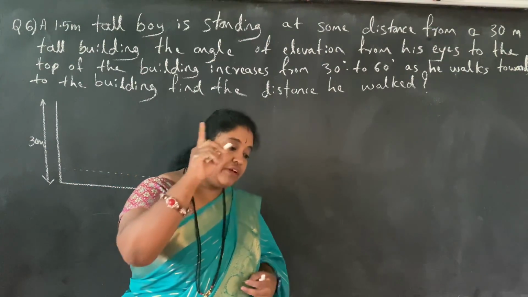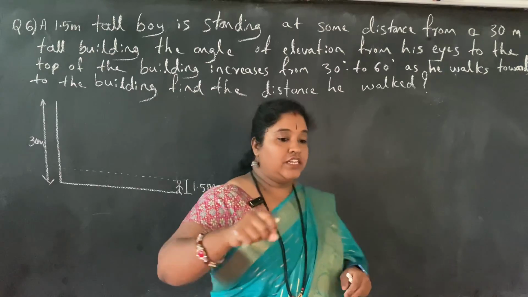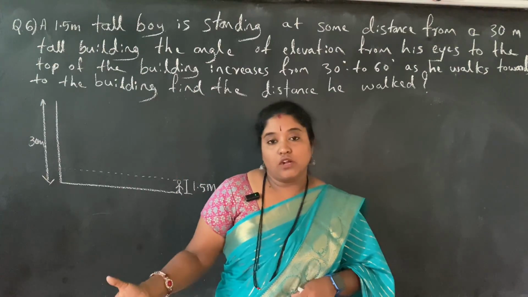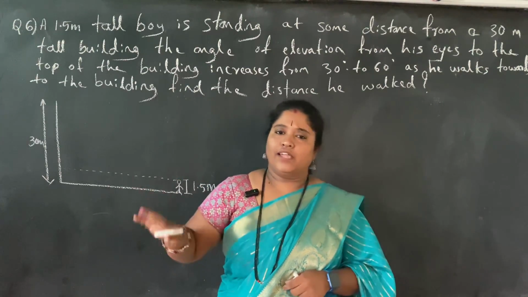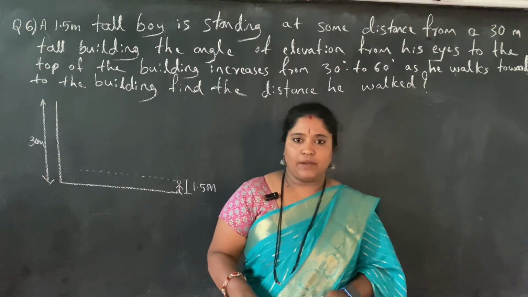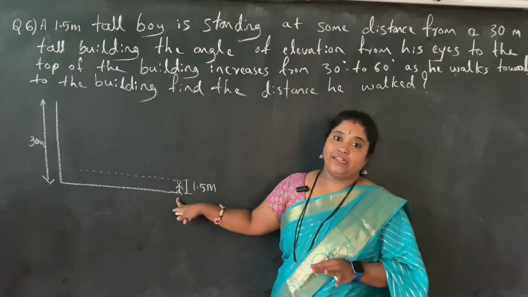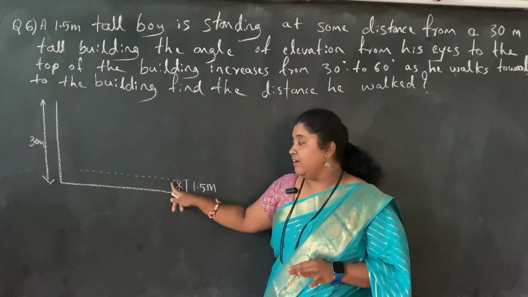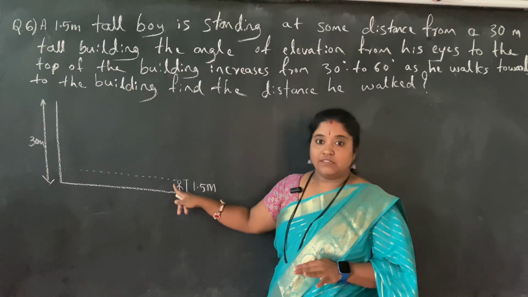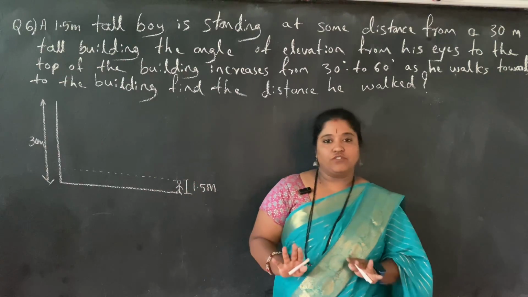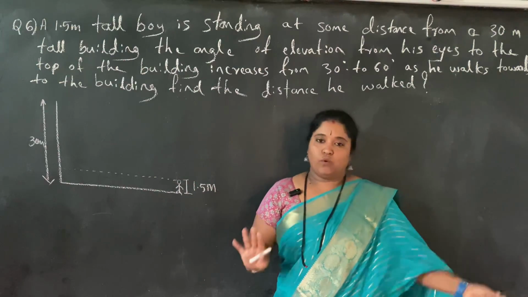Whenever the point is given on the ground, you consider every calculation based on the ground level. But now, since the height of the person is provided here, we can't say that this starts from the ground. This will start from the eyesight of the boy. Understood? I hope it is clear.